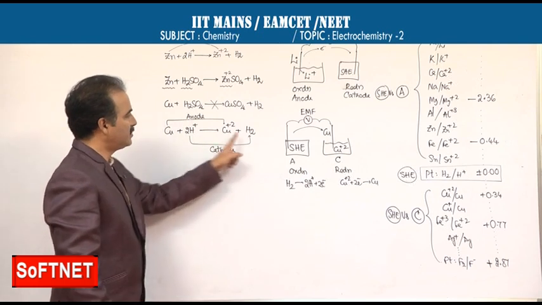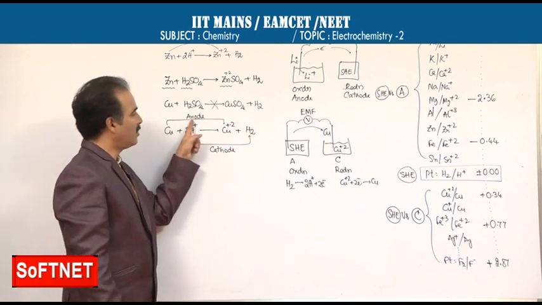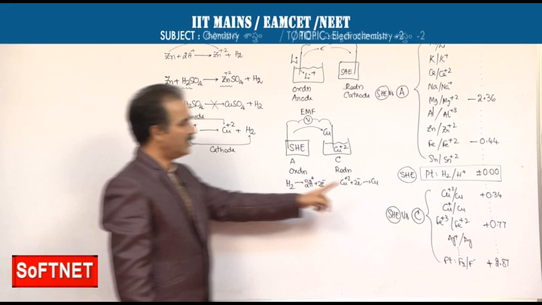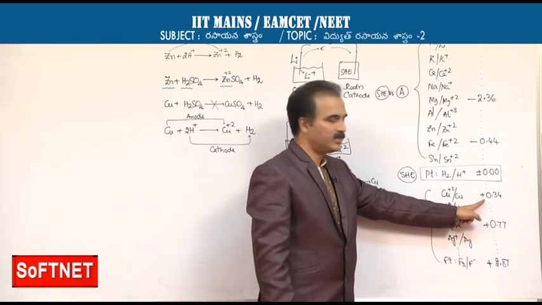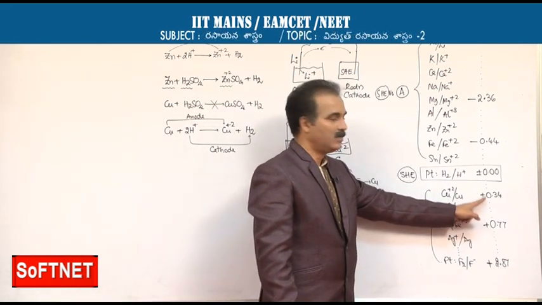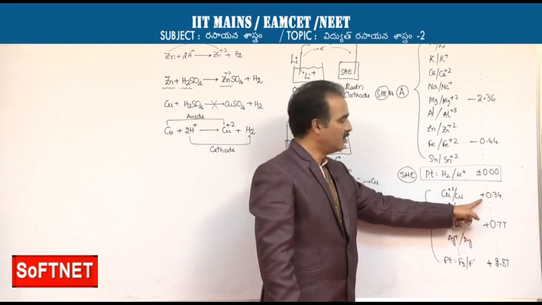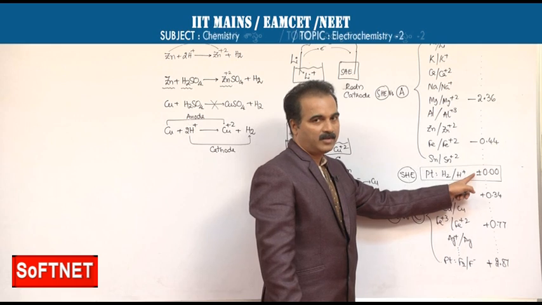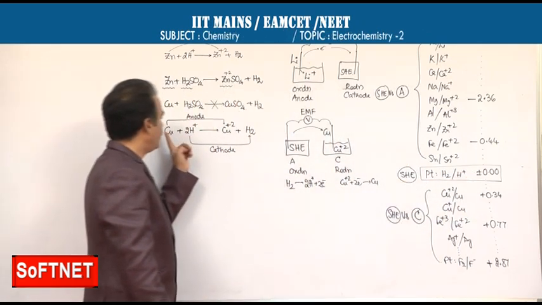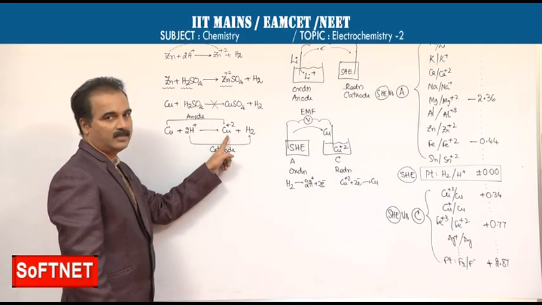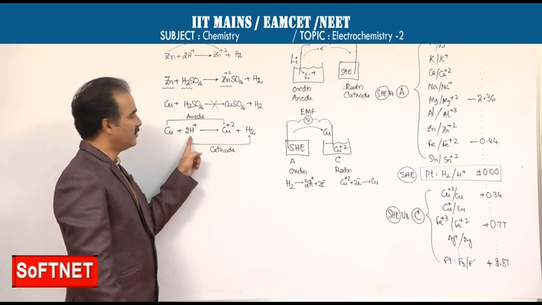But against the standard hydrogen electrode, copper cannot act as anode, because the copper reduction potential is higher than that of hydrogen. Copper is better at undergoing reduction.